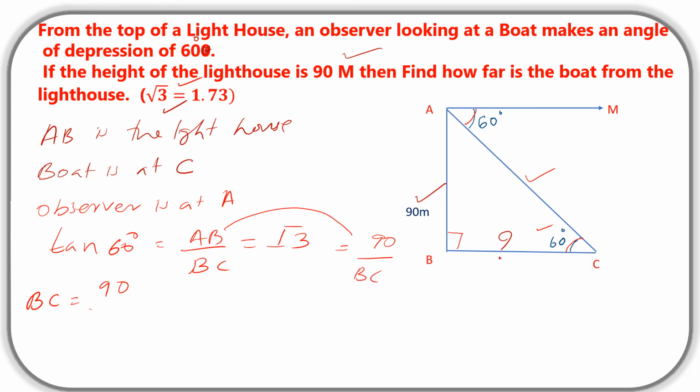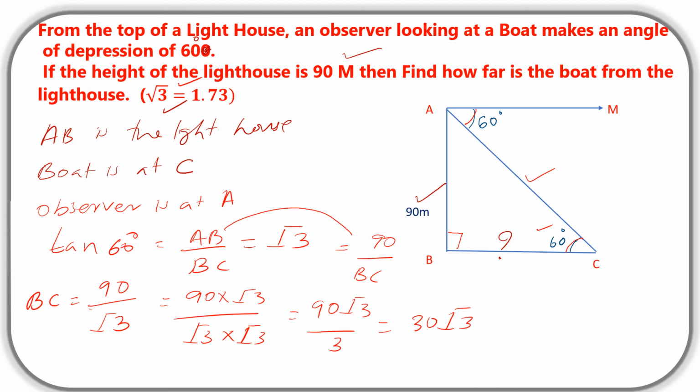So BC is equal to 90 upon root 3, or we can write that 90 into root 3 upon root 3 into root 3, multiplying both numerator and denominator with root 3, we get 90 root 3 upon 3, which is equal to 30 root 3.